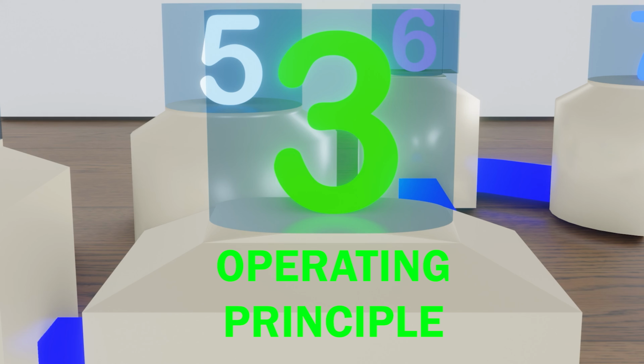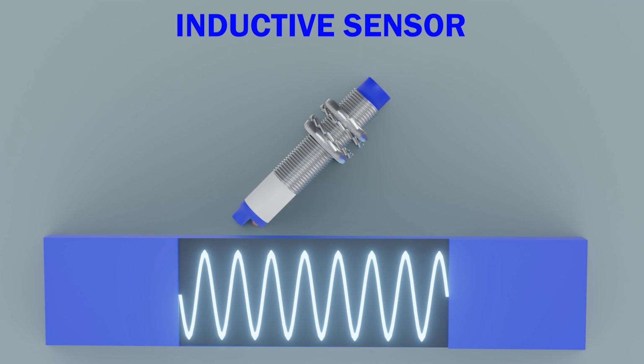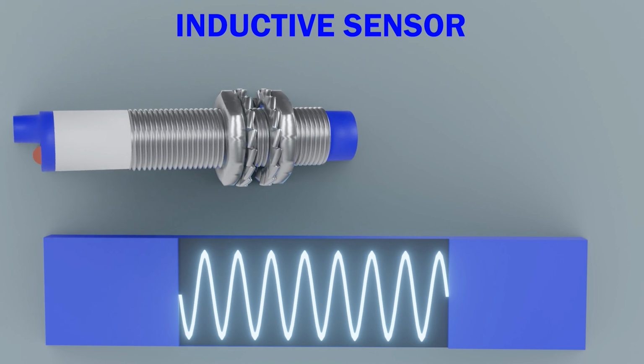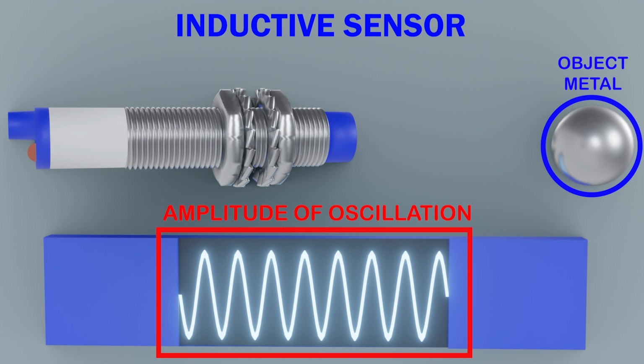Number 3. Operating principle. The inductive sensor has the following operation. When the metal object is far from the detection zone, its oscillation amplitude is high and constant. This means that the signal is strong and stable.